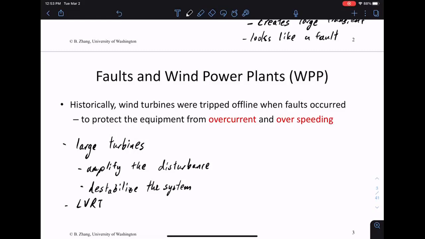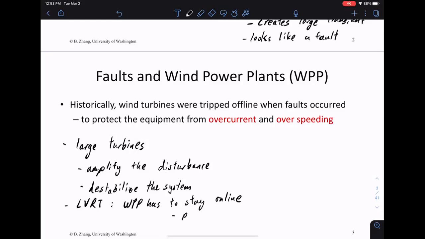So then we have this low voltage ride through requirement. What this requirement does is, basically, the turbines or the wind power plant has to stay online. Okay, so it has to stay online. It cannot disconnect from the grid.